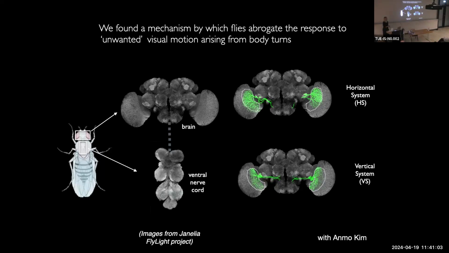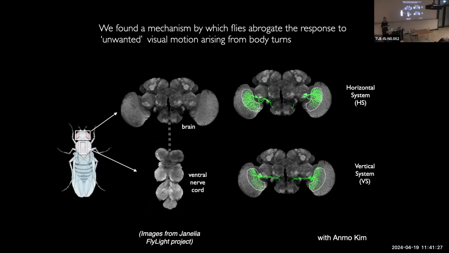They respond to horizontal and vertical visual motion around different axes. As an ensemble, they are very well poised to tell the fly about the movement it performs through space. They are also probably the most well-studied neurons in any invertebrate.